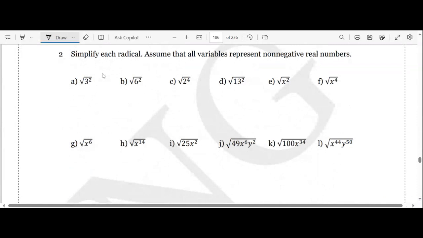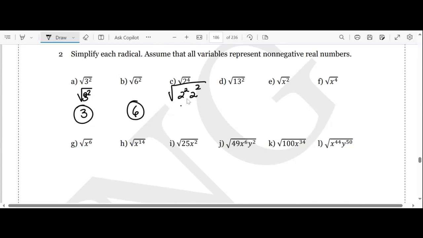Simplify each radical. Assume all variables represent non-negative numbers. Here, square root of what? 3 squared, right? So the answer is 3. What's the answer here? 6. What's the answer here? 4. Why 4? Because you have 2 to the power of 2, right?